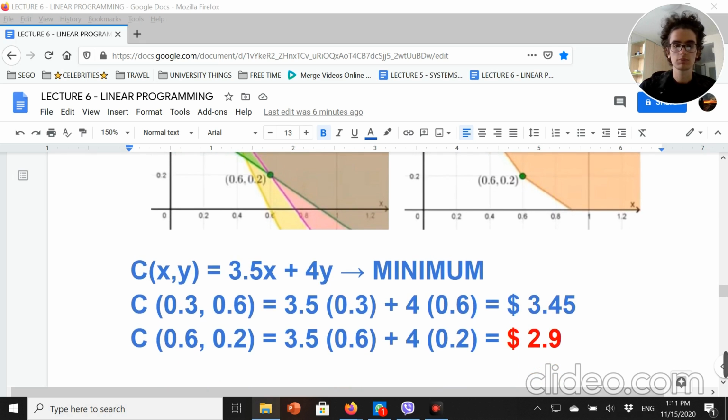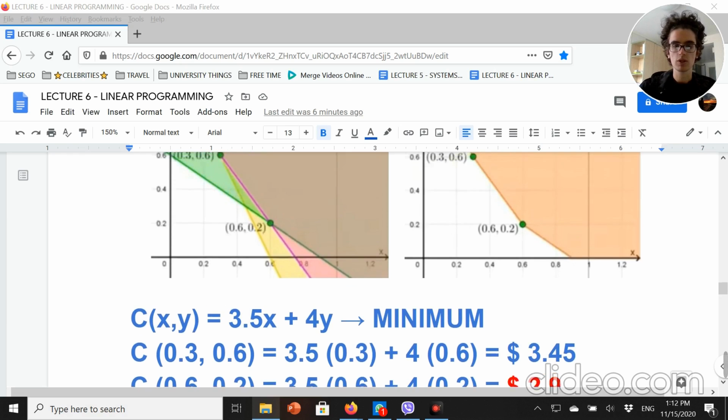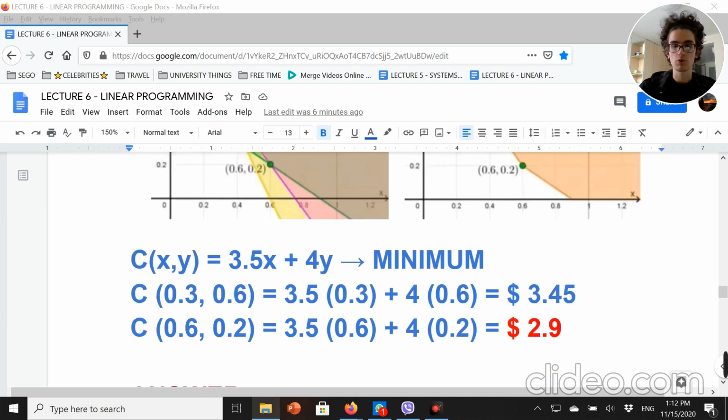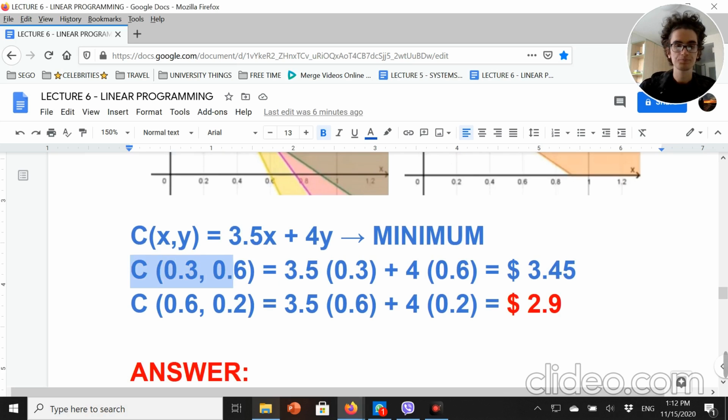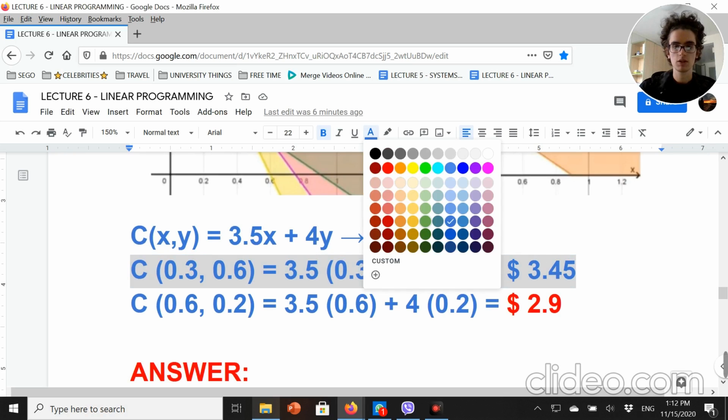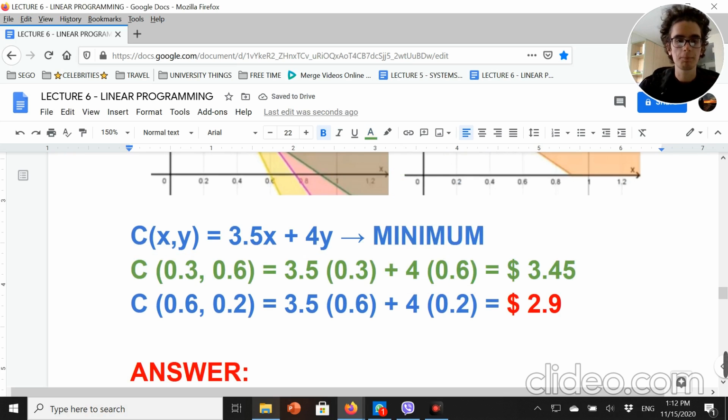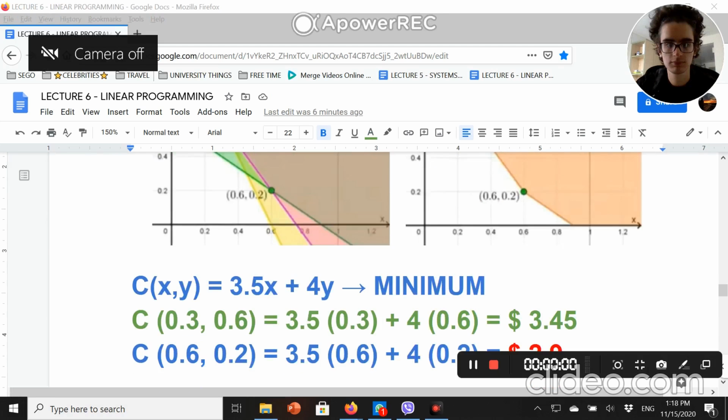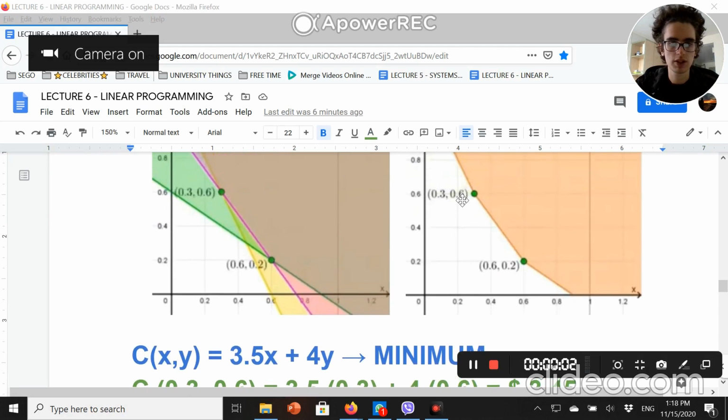Now we're going to come back to our cost function, C of x y equals 3.5x plus 4y, to find the minimum price, and we're going to just substitute x and y with the coordinates of these 2 points. So for the first one, let me use different colors so that you guys don't confuse it.